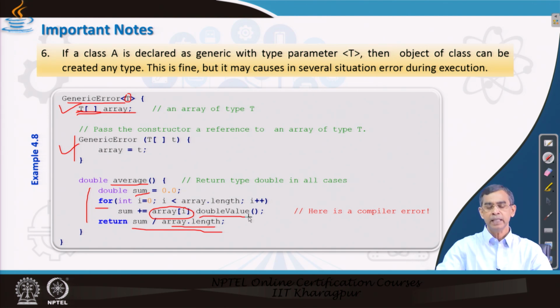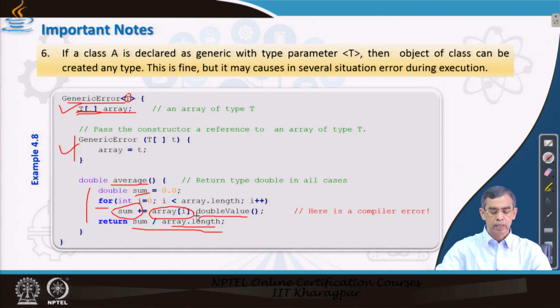Calling doubleValue on any numeric type returns a value from the object to its primitive type, because we are storing objects, and for calculating the sum we need the primitive form.